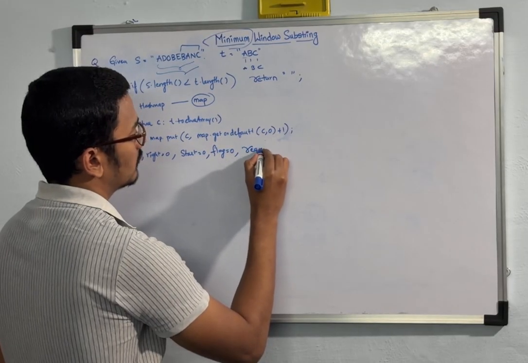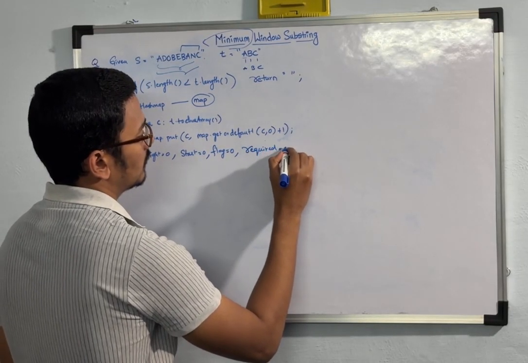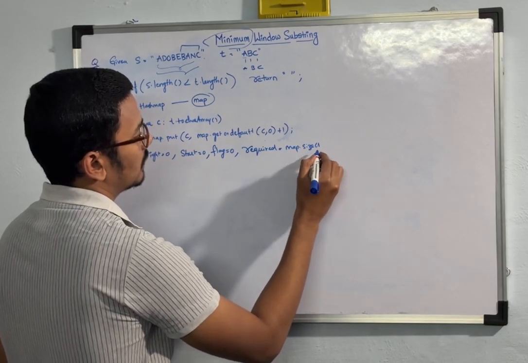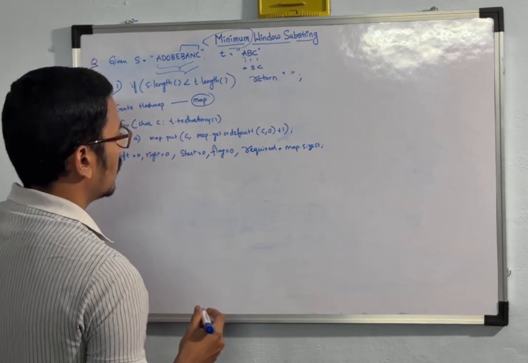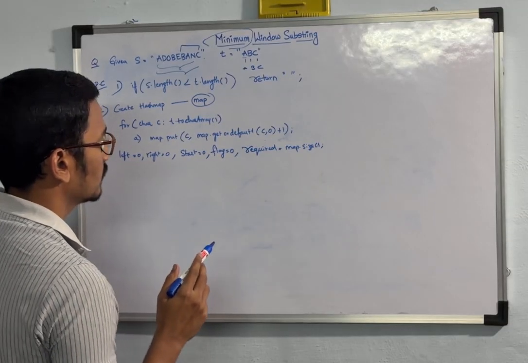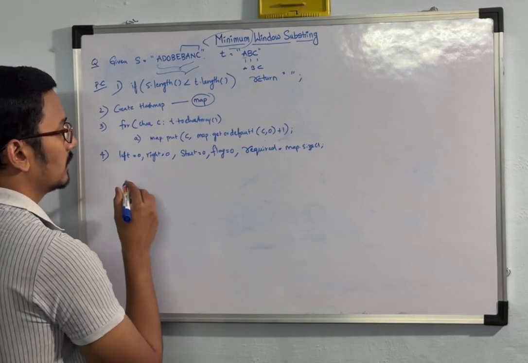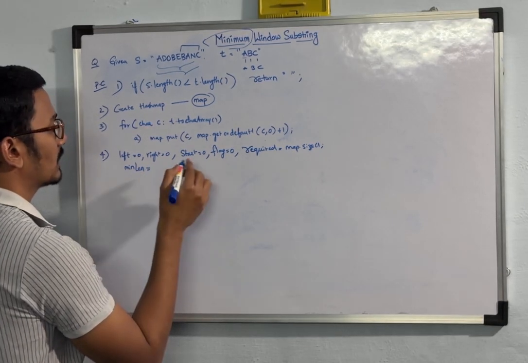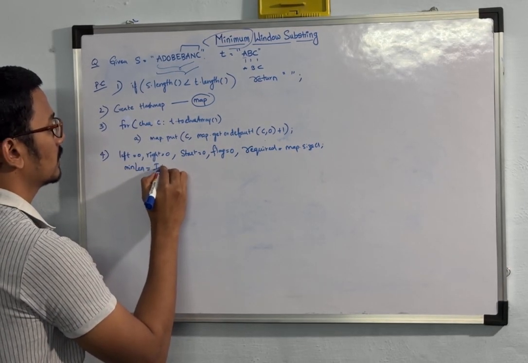So required is map dot size. And I missed something. Yeah, minimum length.